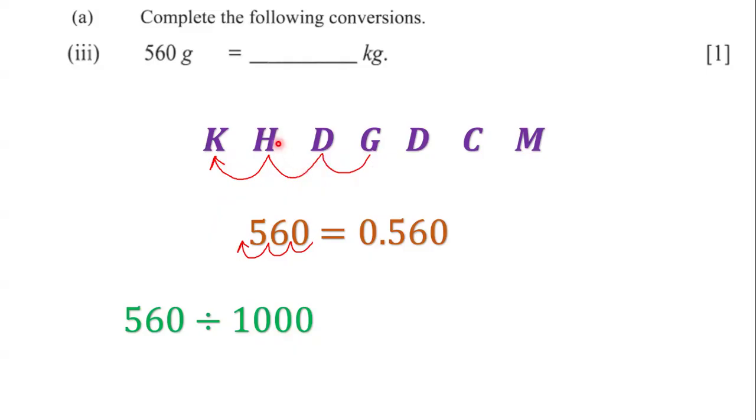So 1, 2, and 3. We put the 3 zeros after the 1 in 1,000. So 560 divided by 1,000 gives us 0.560. And I actually simplified it to 0.56 because I wanted my work to look neat. So 0.56 is my final answer.